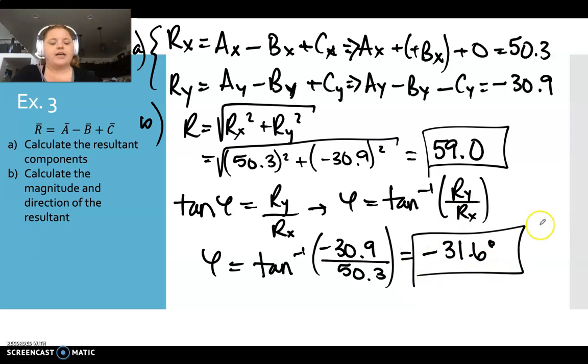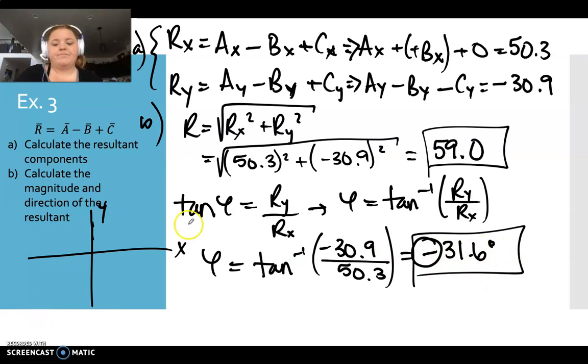Maybe some of you don't remember, or maybe you weren't taught what that negative means if we're looking at an angle. So I'm going to quickly show you that. If we're looking at the XY axis here, and we're given this angle, typically when we're saying 45 degrees, for example, we'll say that's 45 degrees.